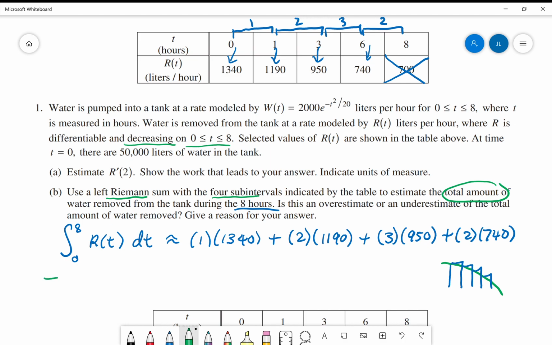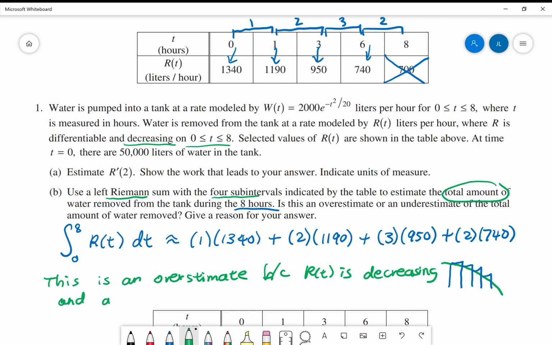Hence, your answer is an overestimate, and the reasoning is simple: because R of t is decreasing, and also we're using a left Riemann sum. And that is all for letter B.